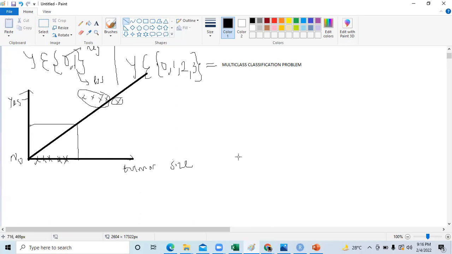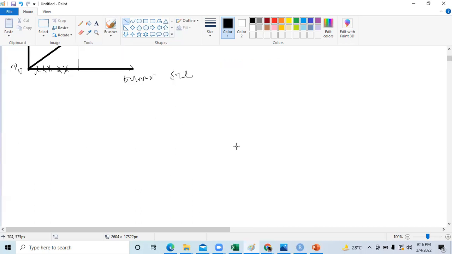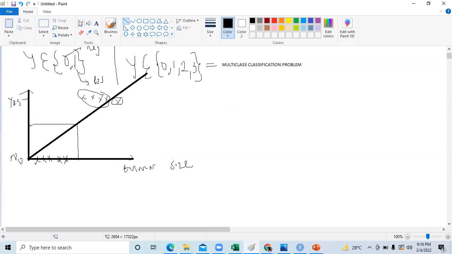So here's an example of a training set for classification tasks, like I've said. And if we use our linear regression, h of theta x would give us, let's just use the normal equation, right?